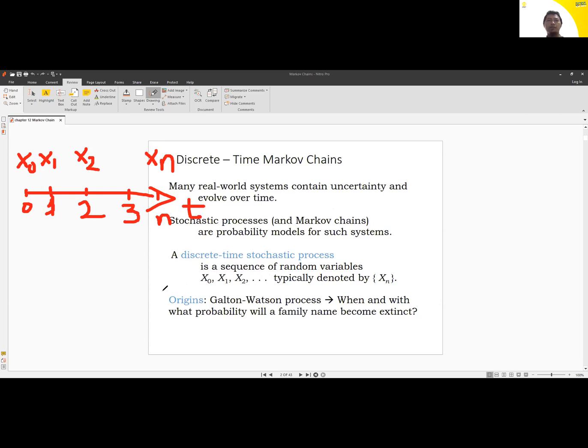Sometimes the problem that we can compute is the Galton-Watson process.